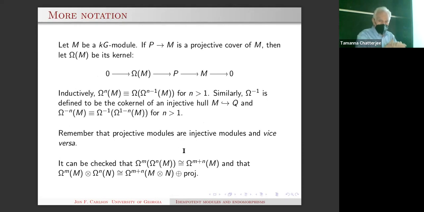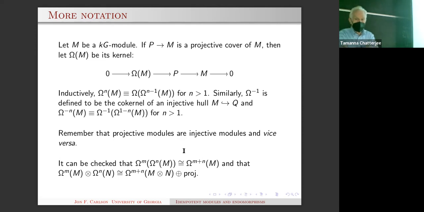Okay, just some notation. If you've got a KG module M, you take a projective resolution, projective cover. The kernel is what we call omega of M, and inductively you can repeat this.